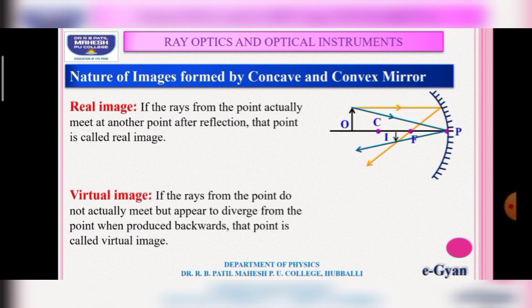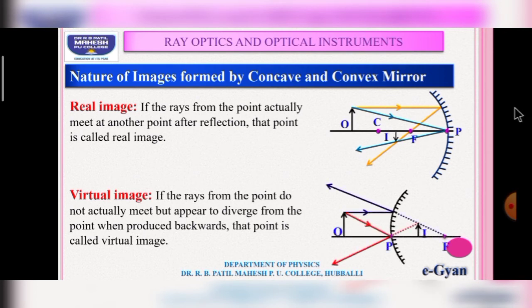Virtual image. The rays from a point do not actually meet but appear to diverge from that point when produced backward, and that point is called a virtual image. See here, the rays are coming from this point and they are diverging.